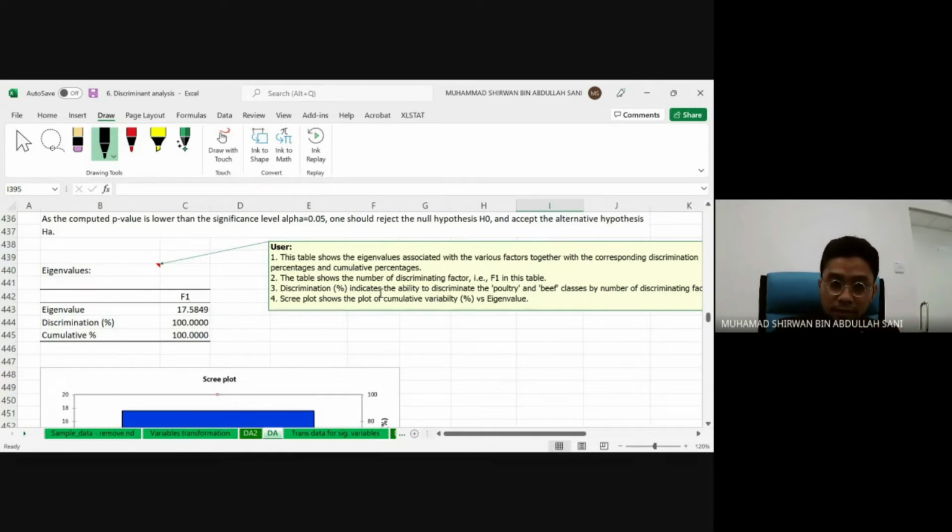So we have 18 variables, PCA will create 18 F here. But the good thing with discriminant analysis, it directly chooses which factor is able to discriminate. So this model says one factor is enough, we can still differentiate bovine and porcine.